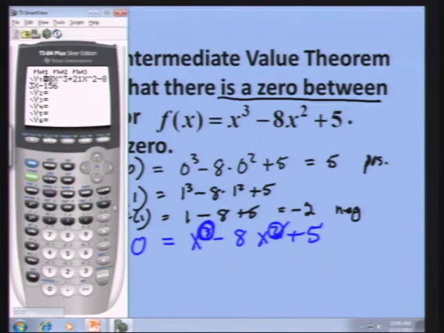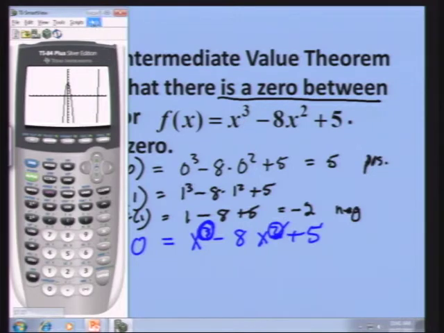And we're going to put in x to the third minus 8x squared, x to the second, plus 5. And we're going to graph it and see where it crosses the x-axis. It may cross 3 times. In fact, it does, doesn't it? There it is, 1, 2, 3, because we have an x cubed. It could be that we have 3 zeros that are real, and we do.